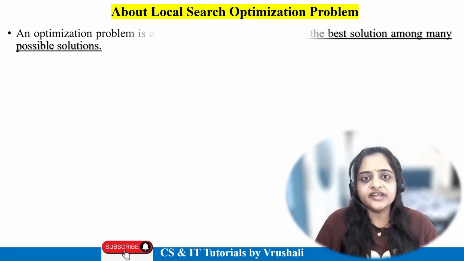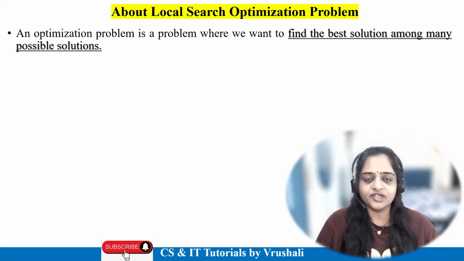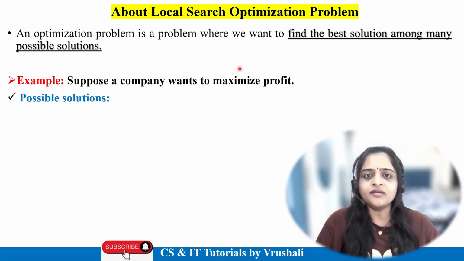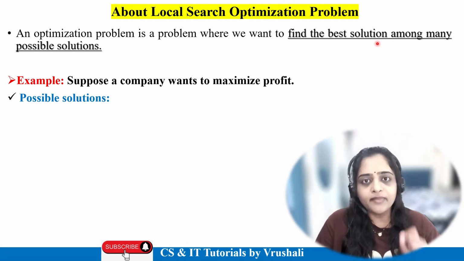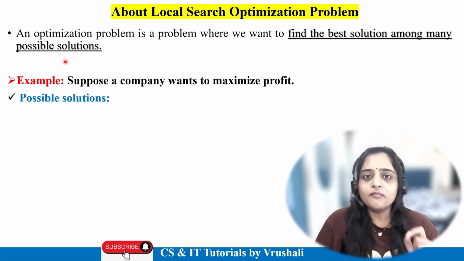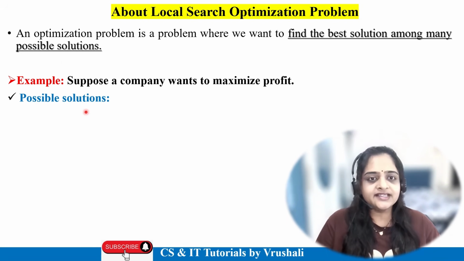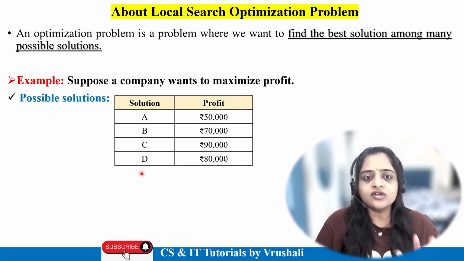Now the next question is, what exactly is an optimization problem? Optimization basically means finding the best solution among many possible solutions. See here in this example, suppose a particular company wants maximum profit. There are a total of four solutions for it.